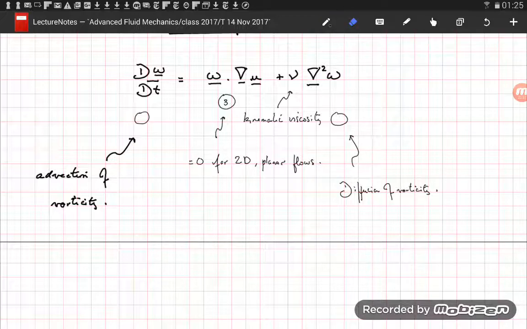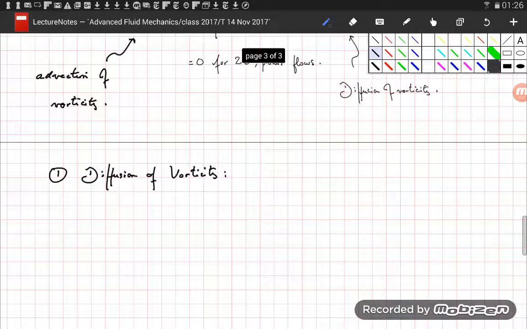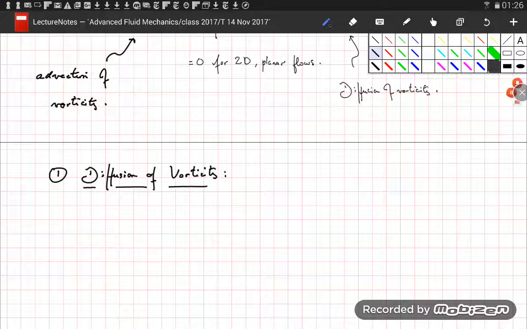I'll call this 1 and this 2, because I'm first going to discuss the diffusion of vorticity.